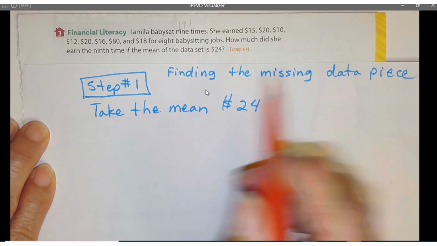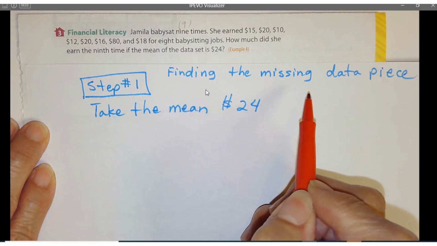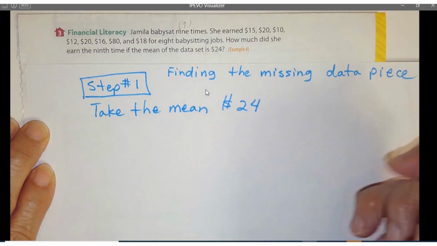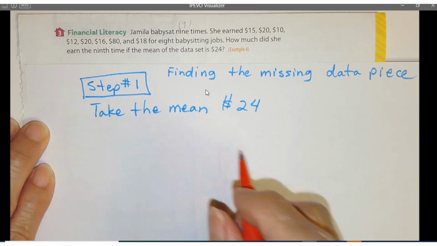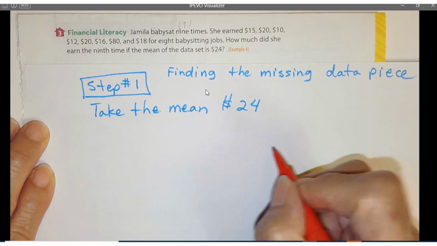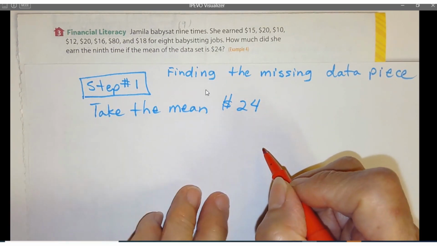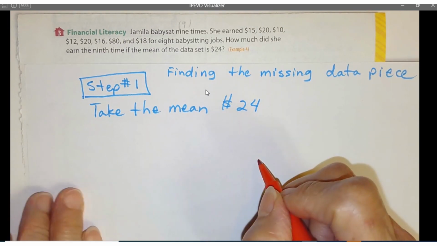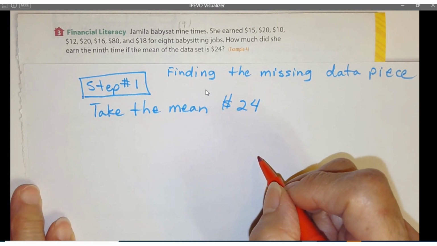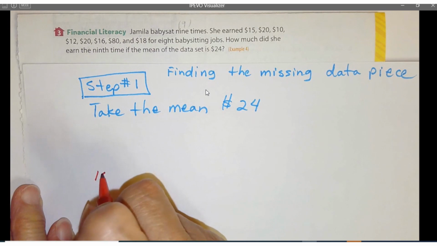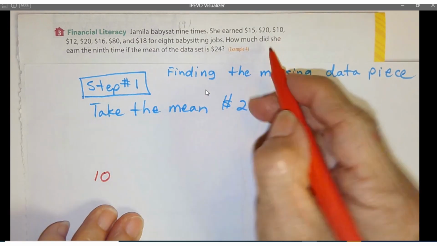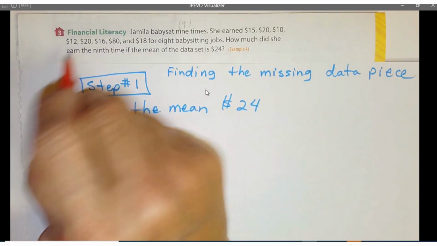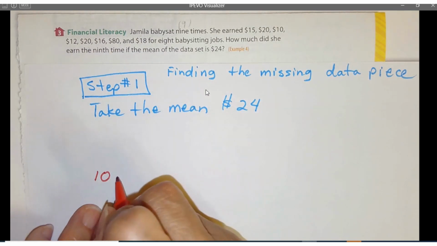So let's put that right here in the data set. I'm going to put them in order too, not that it really matters. We have $10, and we have $12.